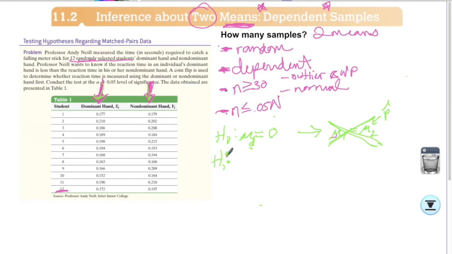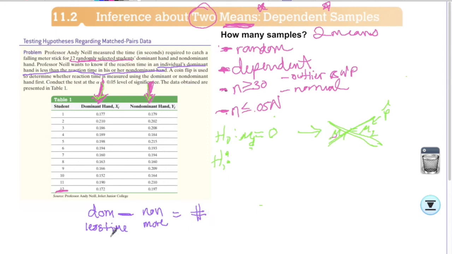It could be left-tailed, right-tailed, or two-tailed. So greater than, less than, or not equal to. In this problem, if we take a look up here, it says that he wants to see if an individual's dominant hand is less than the reaction time of the non-dominant hand, okay? So if we're doing a difference, we're subtracting. If our dominant hand takes less time, okay, than our non-dominant hand, which would have to take more time, what type of number would we have here?